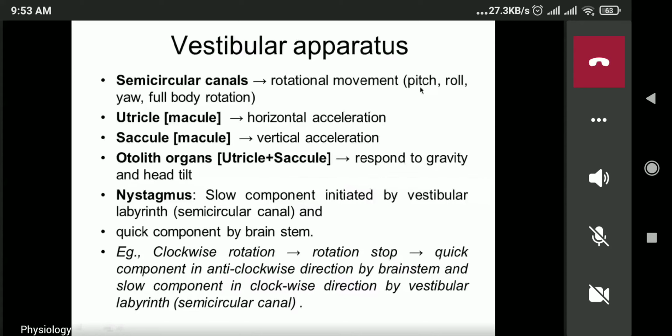Now this utricle and saccule are collectively known as the otolith organ. Why oto? Because it is related to the ear, so it is called oto. Why is it called lith? Lith comes from the word meaning stone.